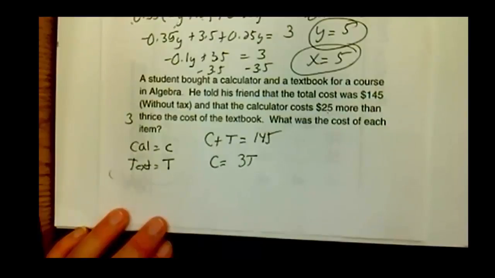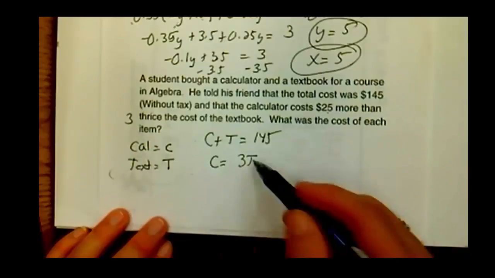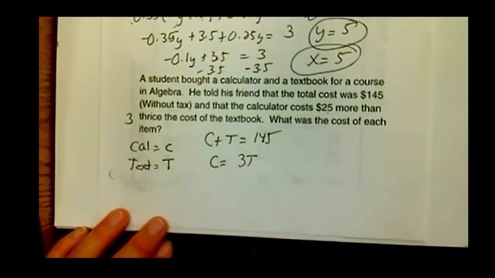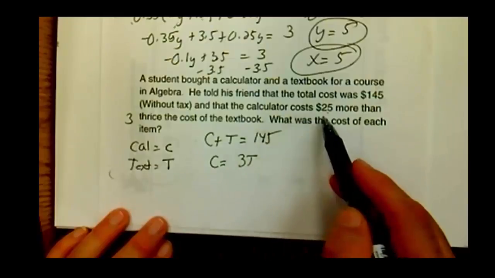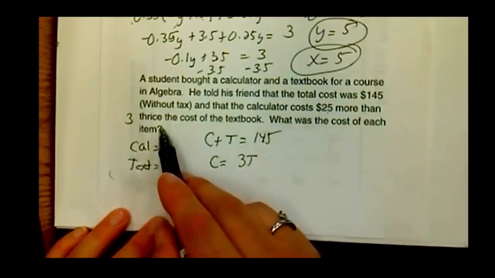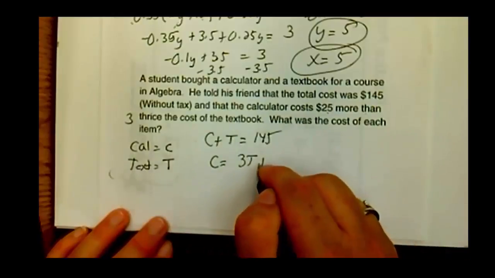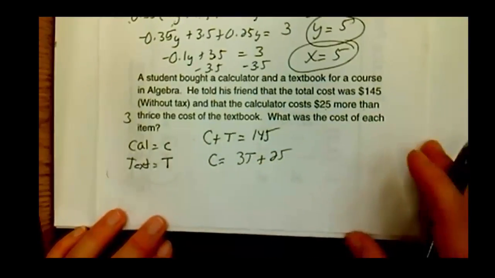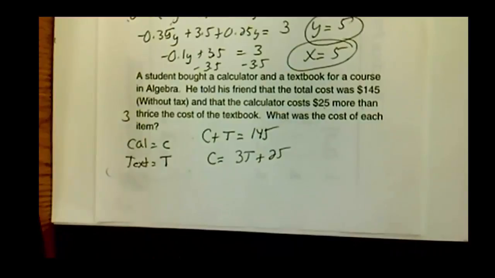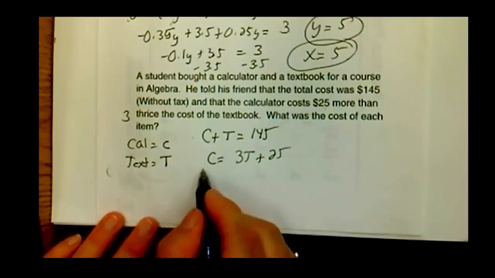Does it get added to the calculator cost, or does it get added to the textbook cost? The calculator costs 25 more than thrice the cost of the textbook. So it's got to be added to the 3 times the textbook cost to come up with what our solution would be.